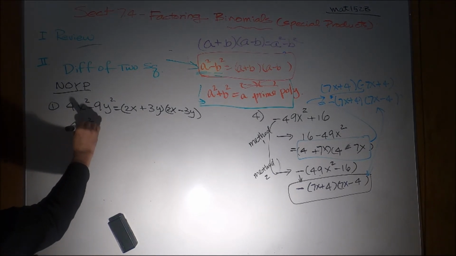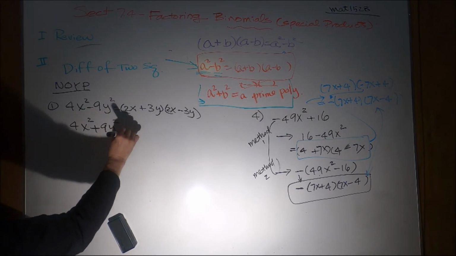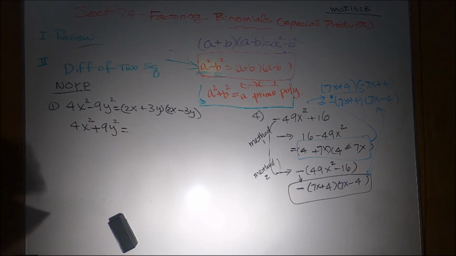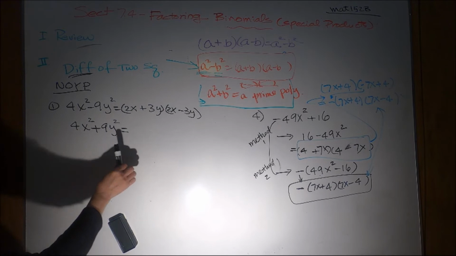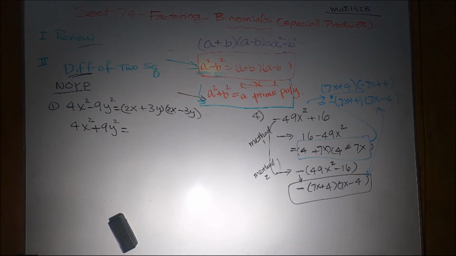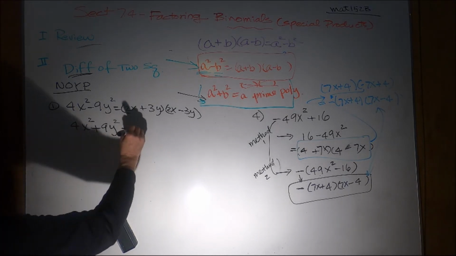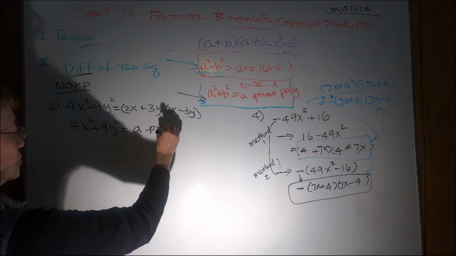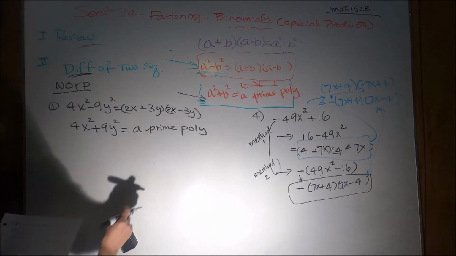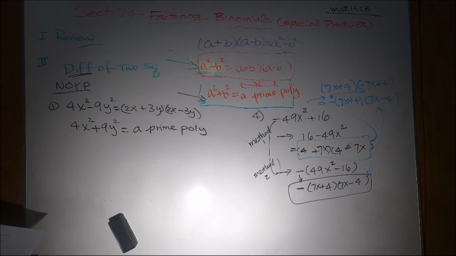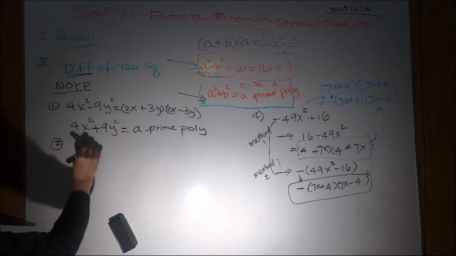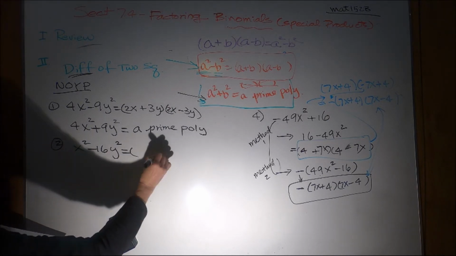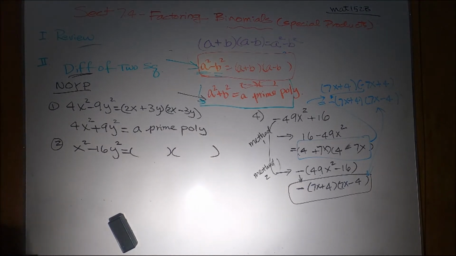If on your test we have this one, 4x squared plus 9y squared, not a difference of two squares, but a sum. We say if it's a sum, what should you have? A prime. You cannot break down anymore. So you would say what? A prime polynomial. Right? If you have x squared minus 16y squared, can you break it down to factor it?